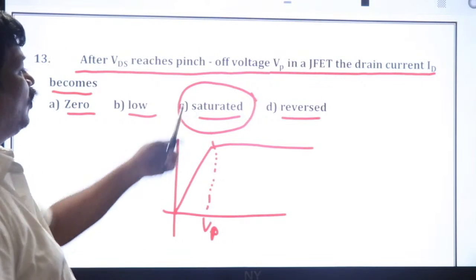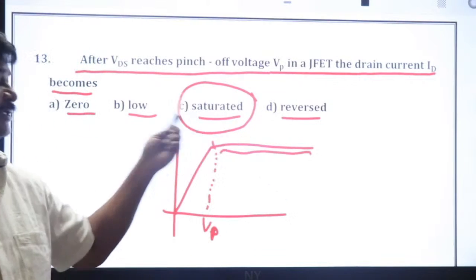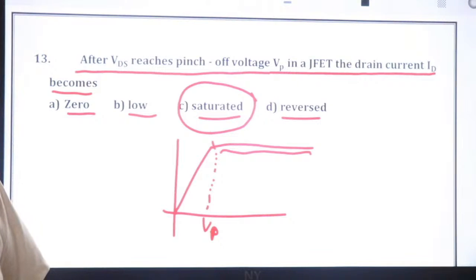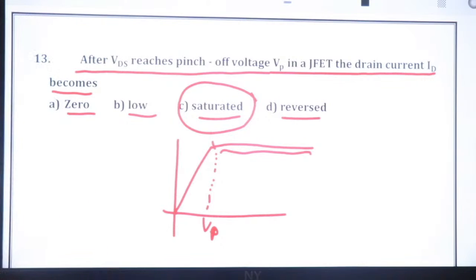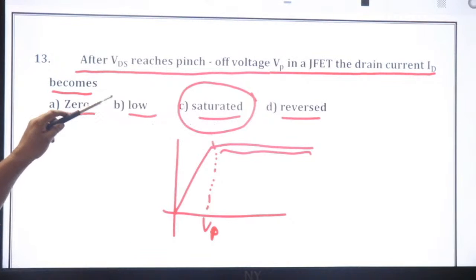After the pinch off voltage VP, the drain current is almost constant, which is saturated. Okay, Aruna? This was already given in 2016. Okay, right.